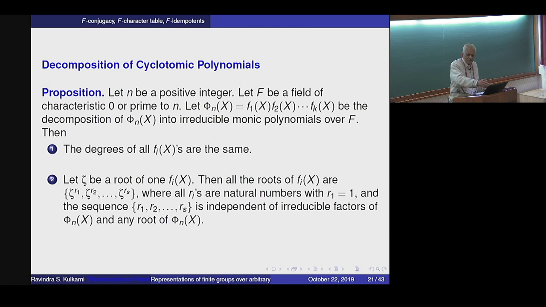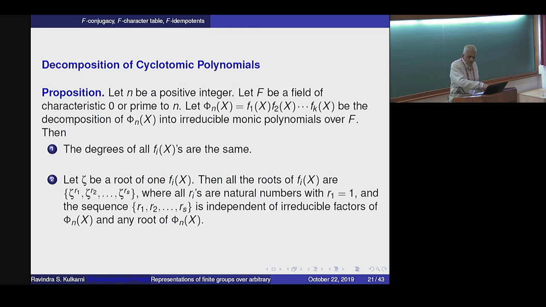And now this is an abelian extension of a simple kind, and the Galois arguments show that the degrees of all the f_i(x) are the same. And if we choose one of the factors, say f_1(x), and let zeta be one root, then the other roots are powers of this root.